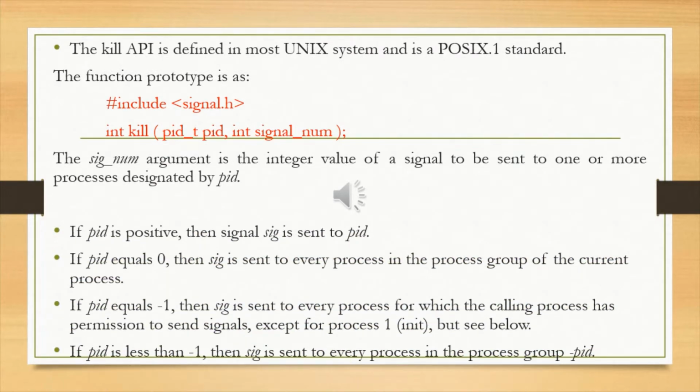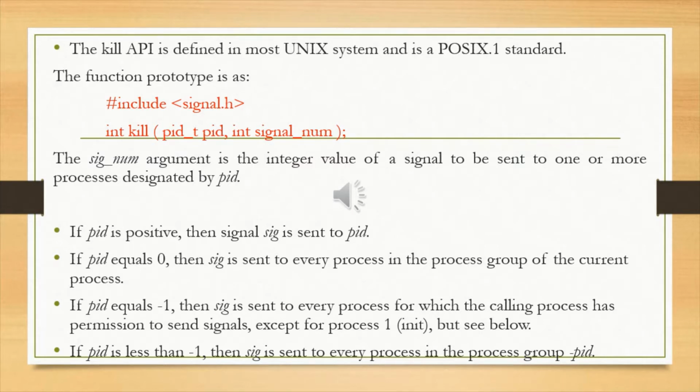A kill API is defined in most Unix systems and POSIX 1 standards. A process can send a signal to a related process via the kill API or kill function. This is a simple means of interprocess communication or control.